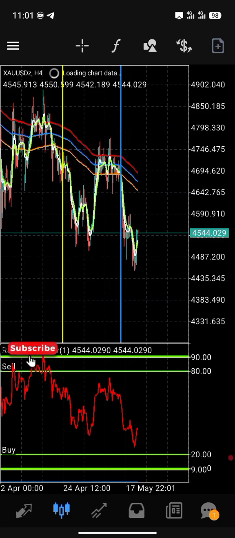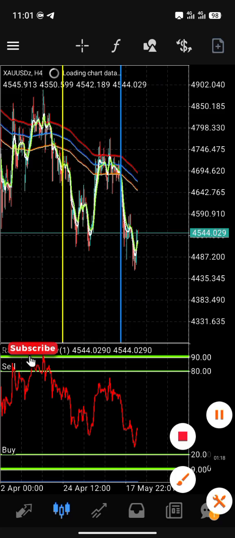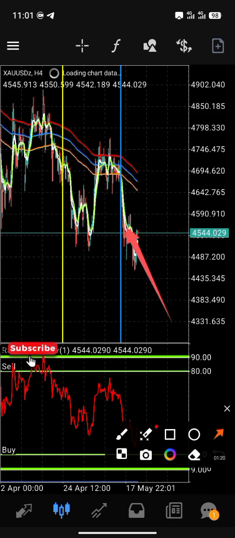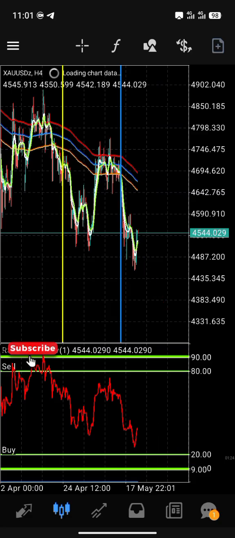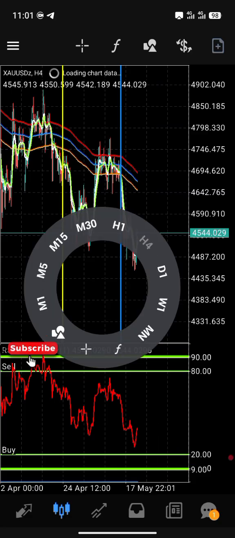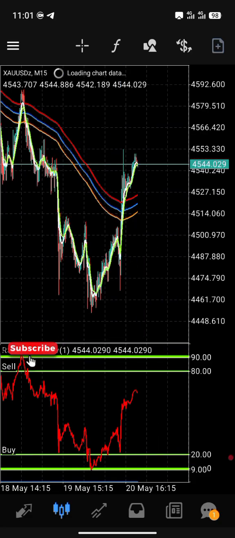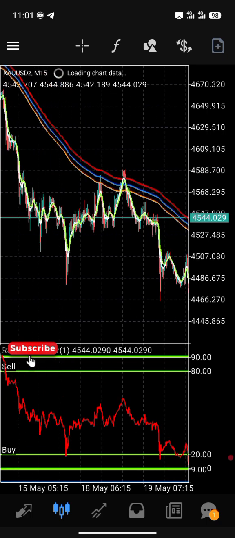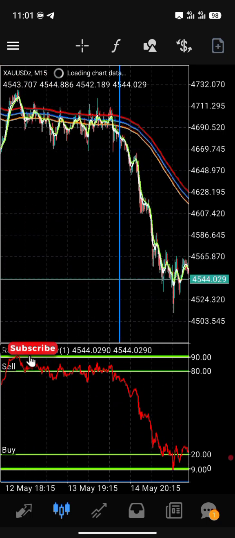So on this particular one, this is the H4. I will try to stretch it down as low as the M5, because the M15 would have been suitable but brings about late entry.